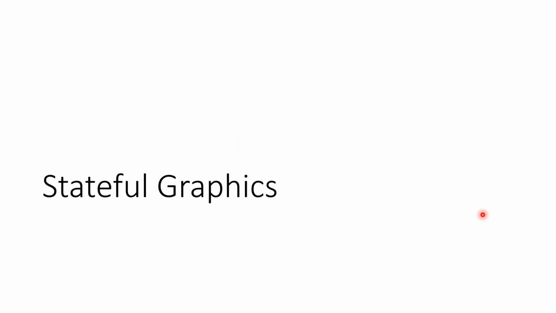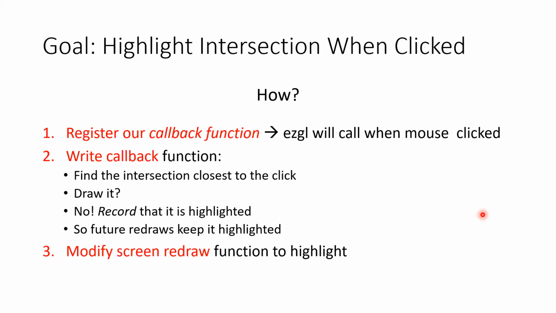So the next thing is to save that as a state. Save a state of whether we are highlighting this intersection or not. And so we know in our redraw function, we can either draw that in black or draw that in red. So how? First thing, we register our callback function, mouse click event.